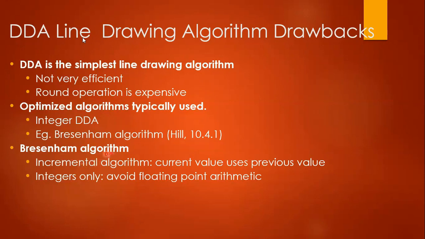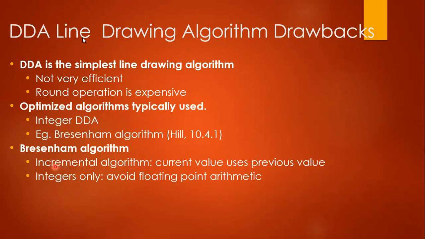So let's see what the algorithm has. It is an incremental algorithm. Why? Because the current value uses the previous value. We'll see how that algorithm works. Whenever calculations are being done to draw any line, suppose you want to calculate the next value of x or the next value of y, you might be using the previous x and y values also.